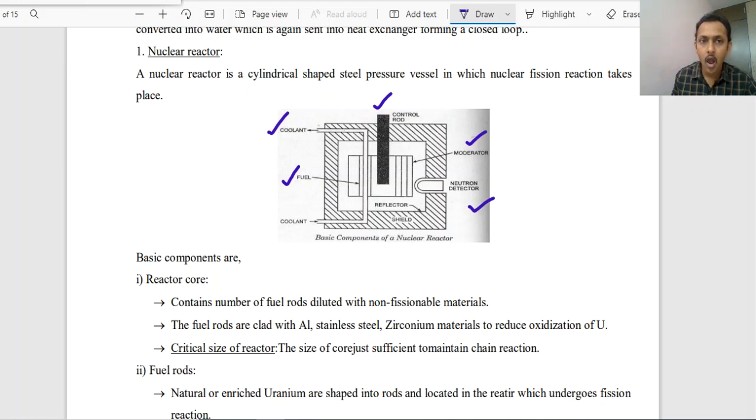All these are the major components in a nuclear reactor, which generally is a cylindrical shaped steel pressure vessel, and in that vessel only the nuclear fission reaction is going to take place.